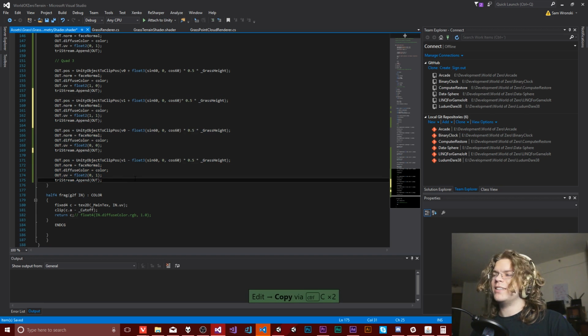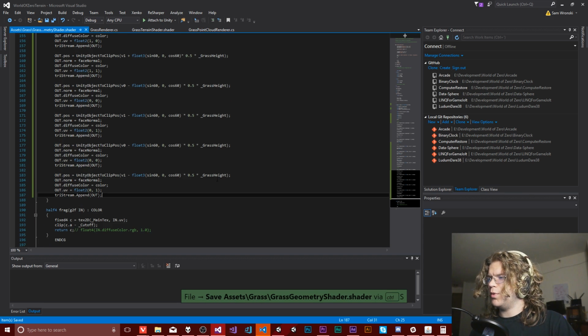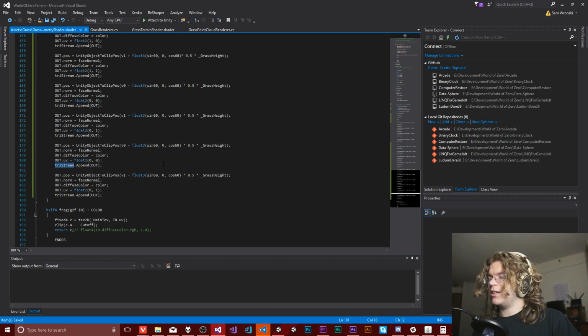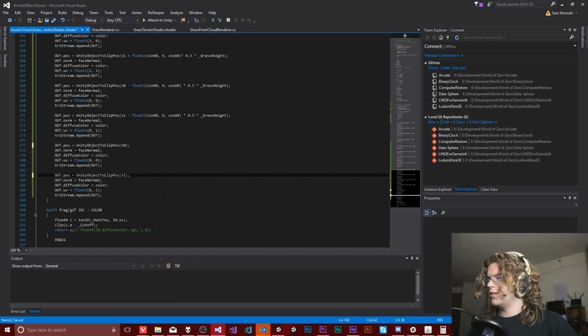So this is going to introduce some extra geometry that I didn't really want. So maybe there's something I can do with this triangle stream. I'm not very familiar with geometry shaders, so I don't actually know. But we are going to make it work.